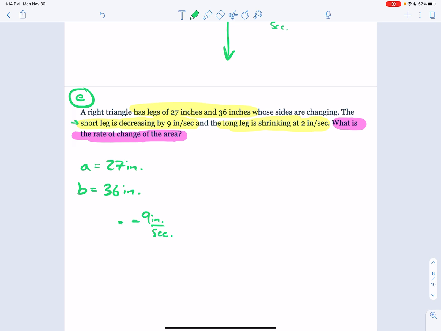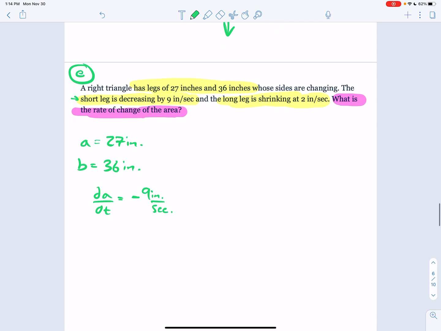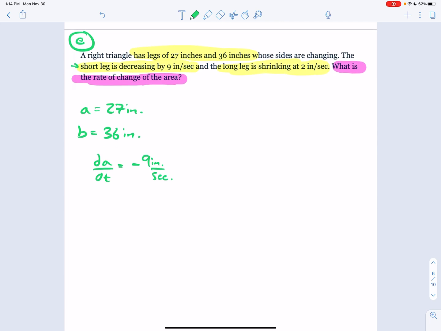And since it's the short leg, it'll be dA over dt. The long leg is shrinking, so that's going to be negative 2 inches per second. And that'll be dB over dt. Okay? So here's a quick picture.